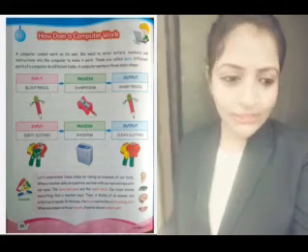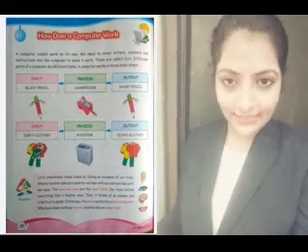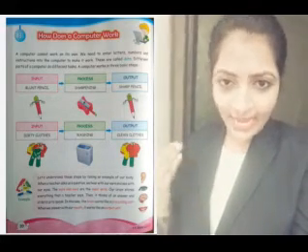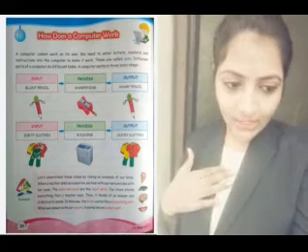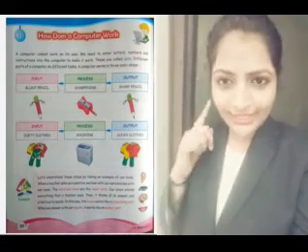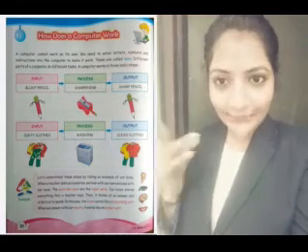Now let's come to another example that is in your book. Let's understand these steps by taking the example of our body. When a teacher asks us a question, we hear the question and we see with our eyes.